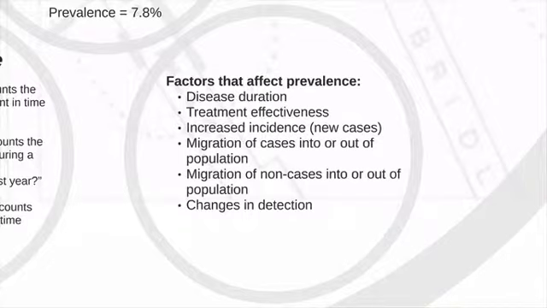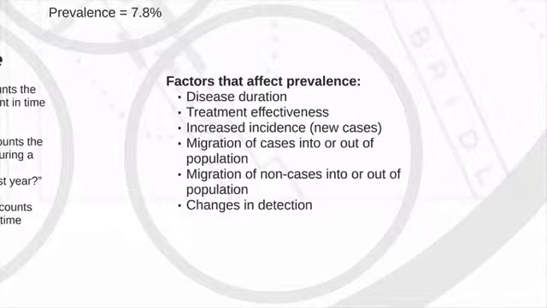Another thing to consider is treatment effectiveness. If we have an incredibly effective treatment for a disease, then at a given point in time, you're going to have a relatively low number of people saying they have that outcome because they were able to deal with it very quickly. It's sort of like the disease duration thing. If we have very effective treatments, our duration of disease is low.